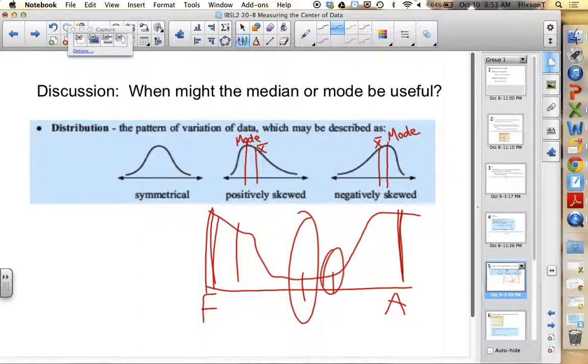Alright? So, it's helpful to look at these other values when we're talking about income. Okay? Think about if we did a mean income. There's only so low your income can go, right?